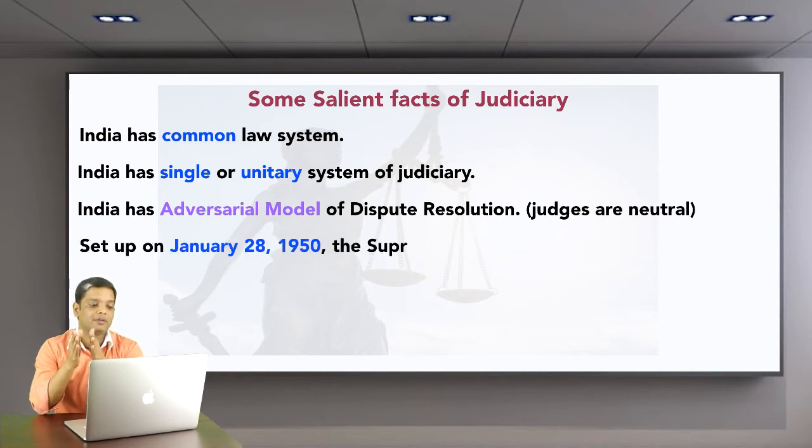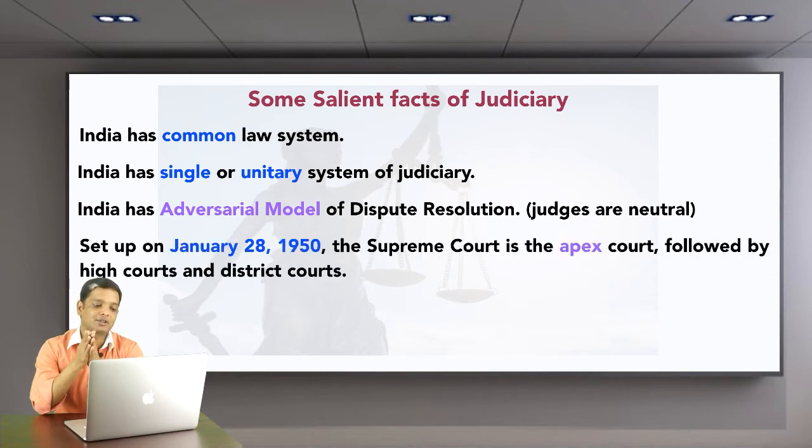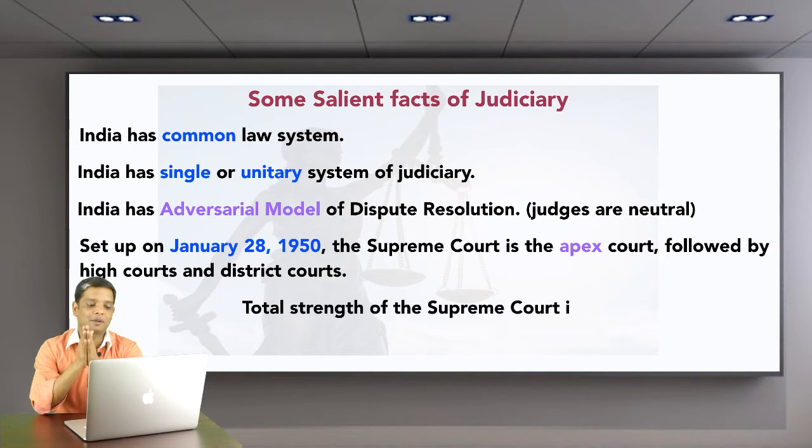Set up on January 28, 1950, the Supreme Court is the apex court followed by high courts and district courts, as we have seen in our image on the board. The total strength of the Supreme Court is 33 plus 1, meaning 33 judges plus 1 Chief Justice of India.